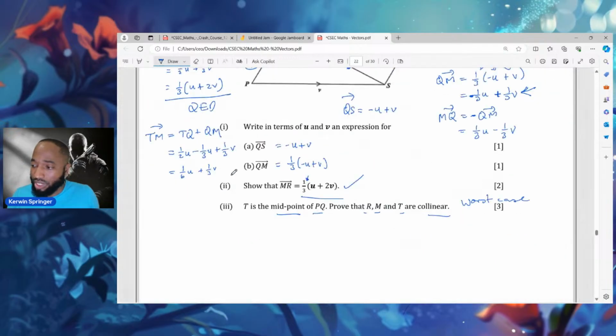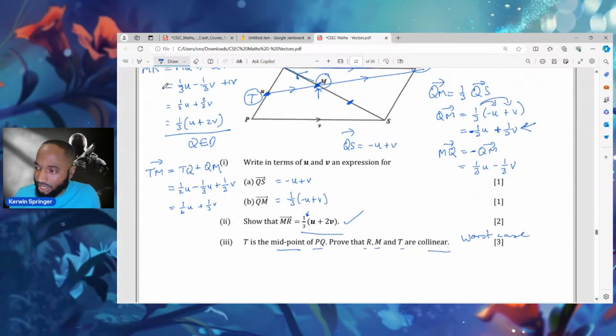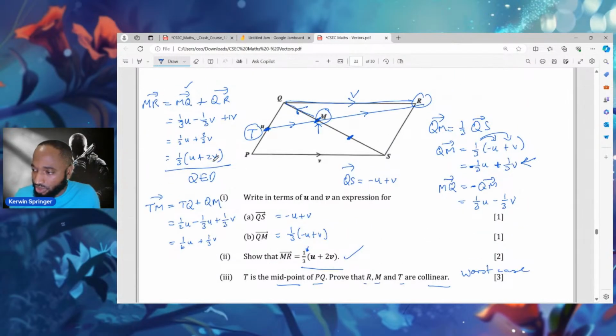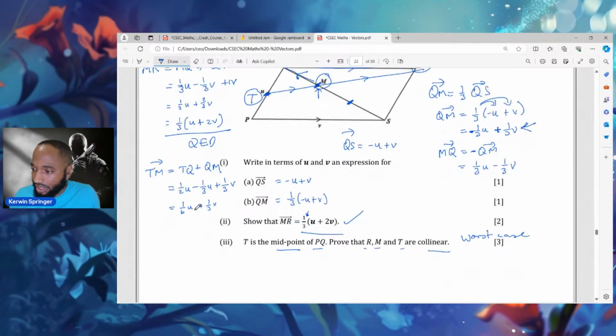And this was one of the hardest vectors questions to find the common scalar factor. It's there, and it's there. This is MR, 1/3 U plus 2/3 V, and this is TM. So you have to be a big boss in the fractions to really see what's going on here. Let me help you out. You see how this was 1/3 U plus 2/3 V?